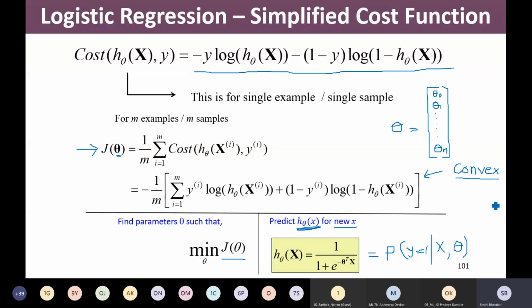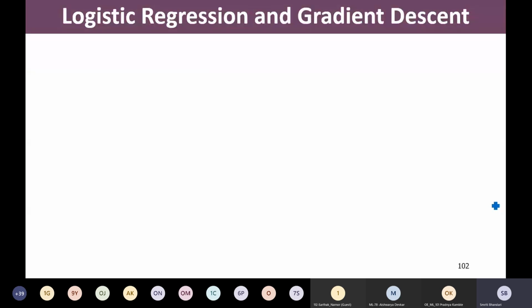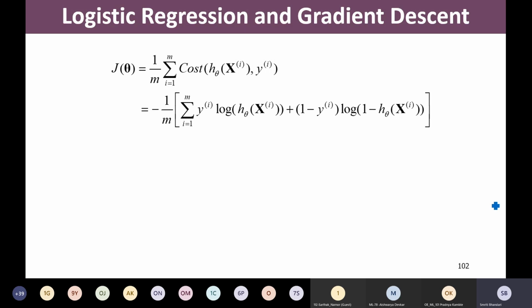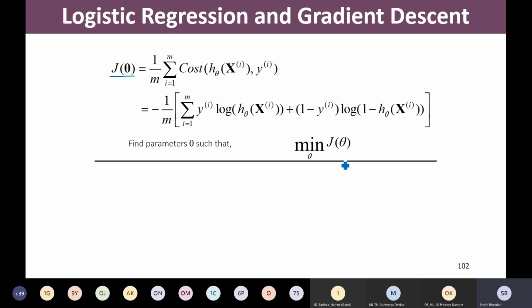So our next step, once we have obtained this J of theta, is minimizing the cost function. Once again, as I stated, we are going to make use of gradient descent. We are going to apply gradient descent to this cost function J of theta, so that we obtain the parameters theta such that J of theta is minimum.